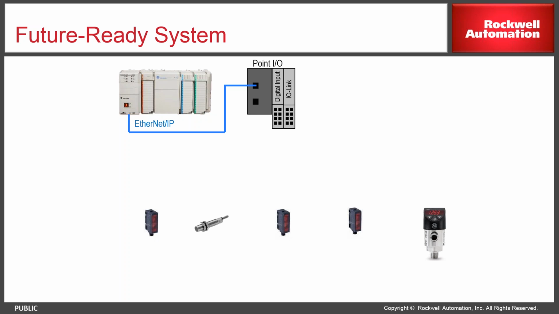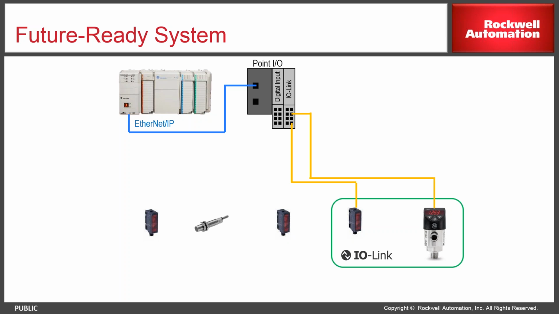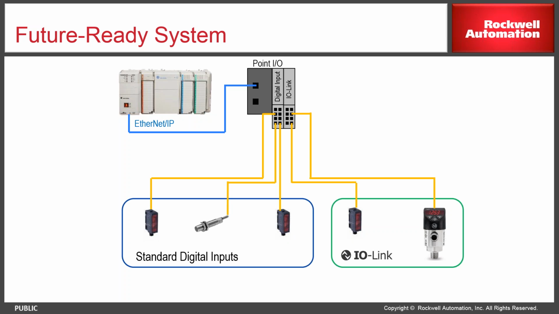In this application, say IO-Link is used for the pressure sensor and one photoelectric sensor that is deemed particularly critical. So I have the pressure sensor and the photo sensor connected via the IO-Link. The other three discrete sensors are connected to the standard digital inputs, just like the conventional way you wire them.